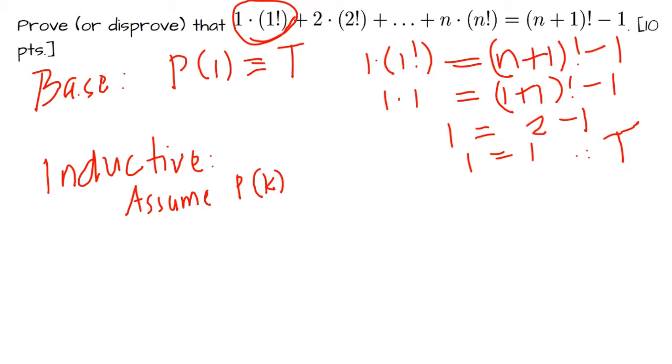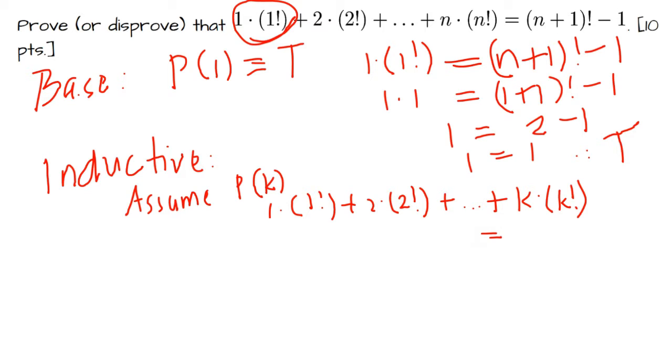And in that case, this will be 1 factorial plus 2 factorial up to k factorial, and this should be true, meaning that you will have (k plus 1) factorial minus 1.